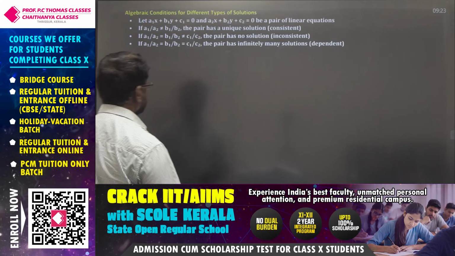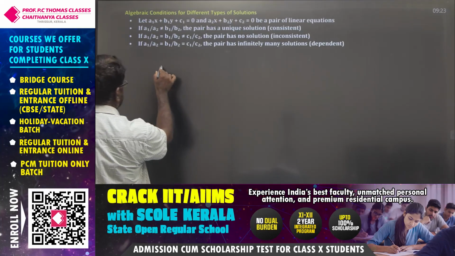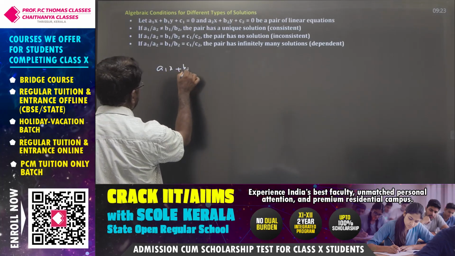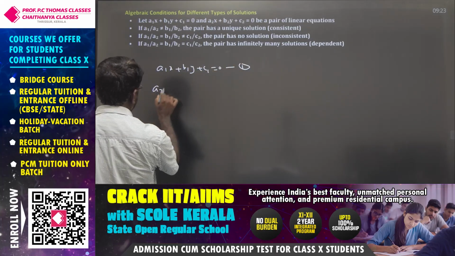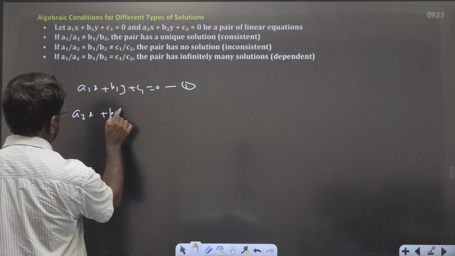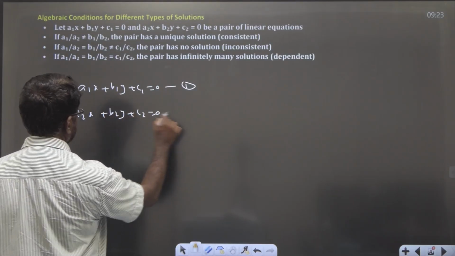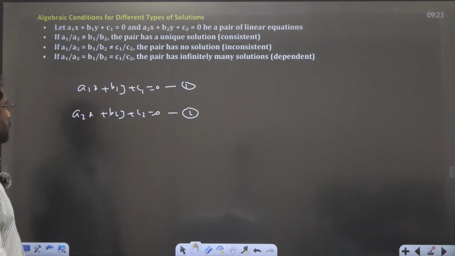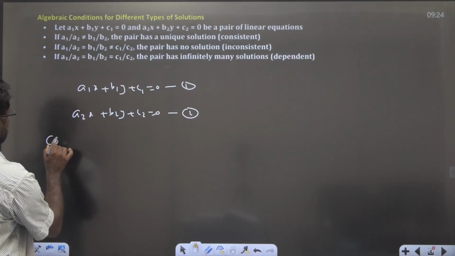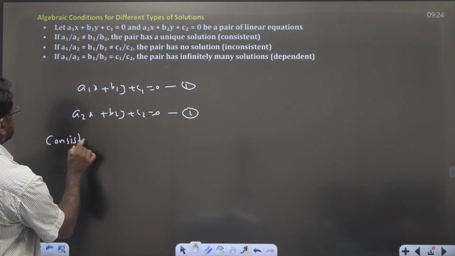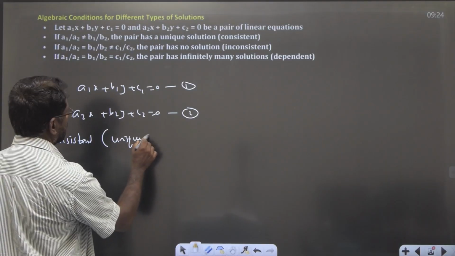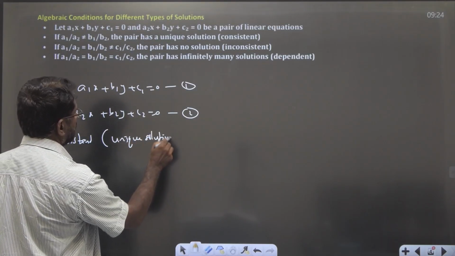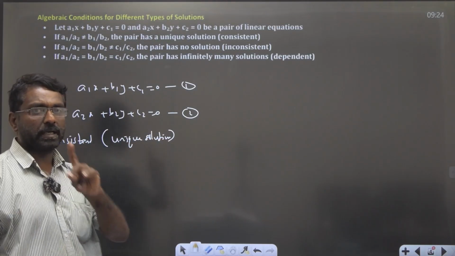For example, our lines are a1x plus b1y plus c1 equal to 0, take it as equation 1, and a2x plus b2y plus c2 equal to 0, equation 2. First case, the system is consistent with a unique solution. Unique solution means there exists only one x and only one y.